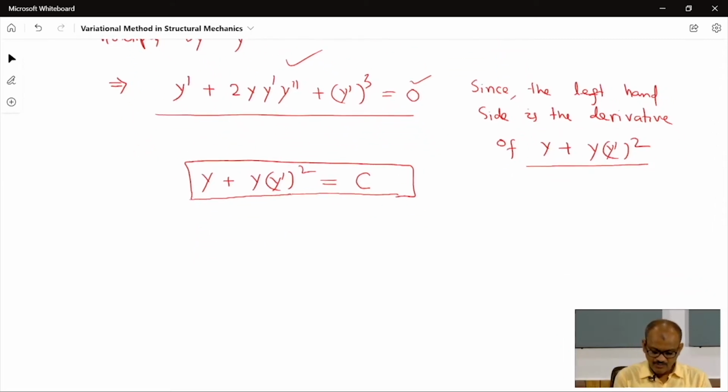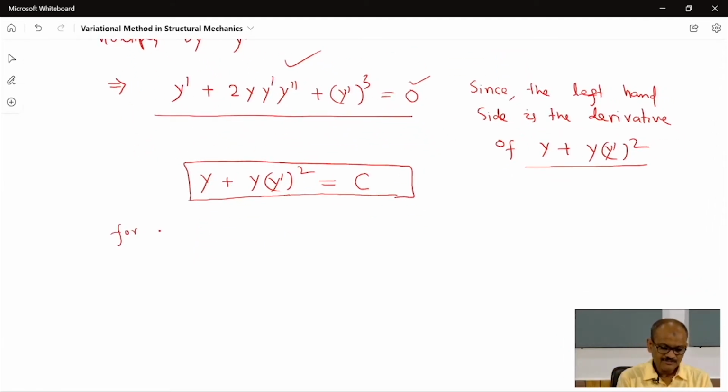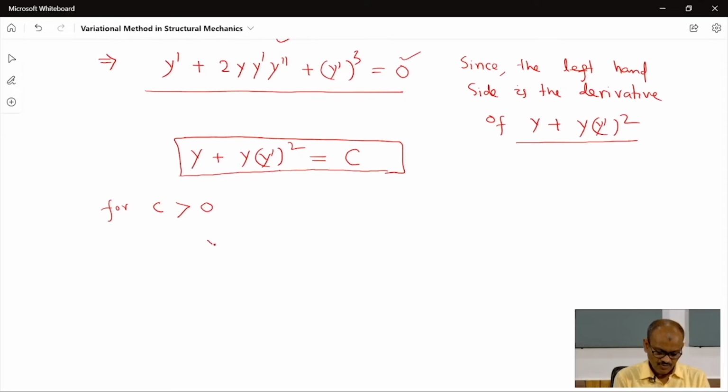Move ahead, for c greater than 0, you can write y dash is equal to root over of (c minus y) divided by y.